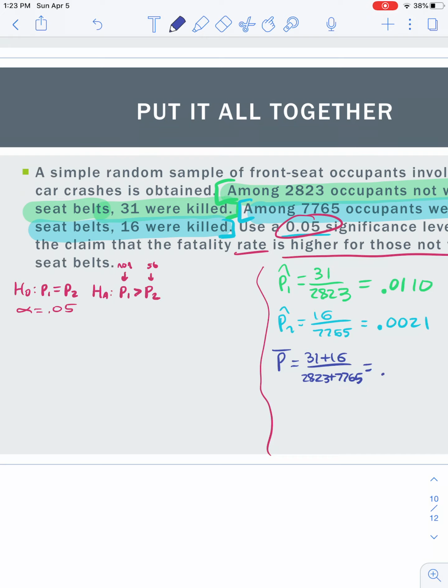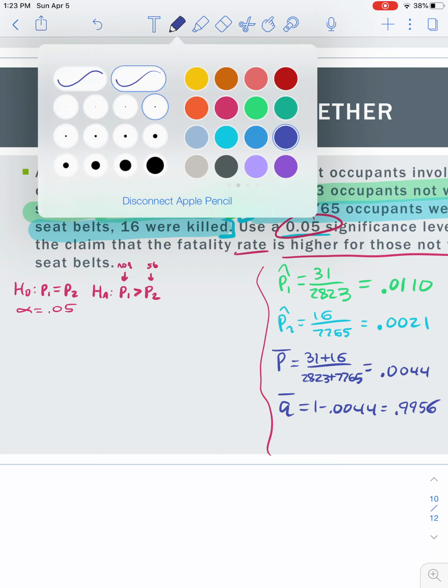And that's going to be 0.0044. And then Q bar just equals 1 minus that, which gives us 0.9956. And now I'm ready to actually go and get my Z value.